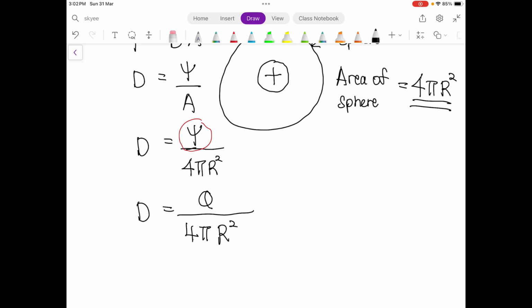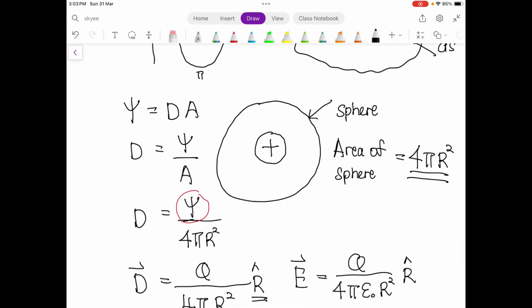Taking these equations and comparing them with the equation of the E that we have, this is the equation of the E. I didn't put the direction, but you can put the direction. If you put the direction, it will be R. Why is it the R direction? You just look at the flux surrounding the charge. They will be in the outward directions. So this direction is the R direction.